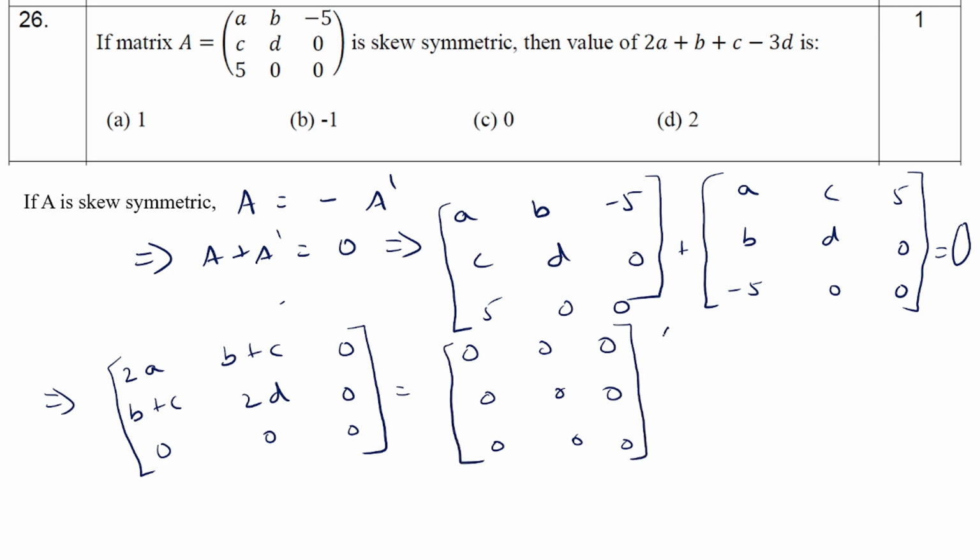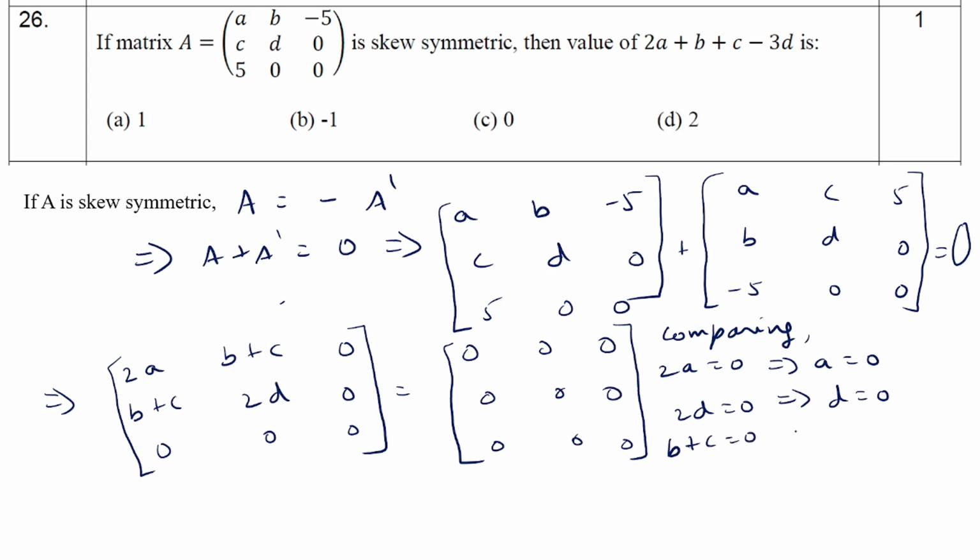Now let us compare the terms. Comparing, here we can see that 2A is equal to 0 and 2D is also equal to 0. So 2A equal to 0 means A equal to 0 and 2D equal to 0 means D is also equal to 0. Then here we have B plus C, that is also equal to 0.